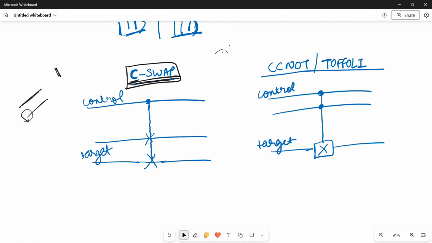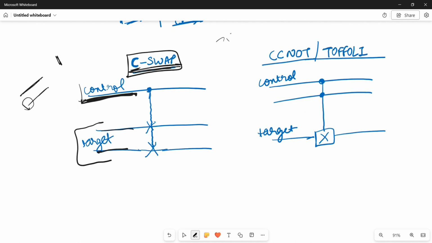This is your 3 qubit gate. Your first qubit is the control qubit or control line, and the other two are the target lines. Only when your first qubit is 1 will the swapping of these target qubits take place, else everything remains as it is.